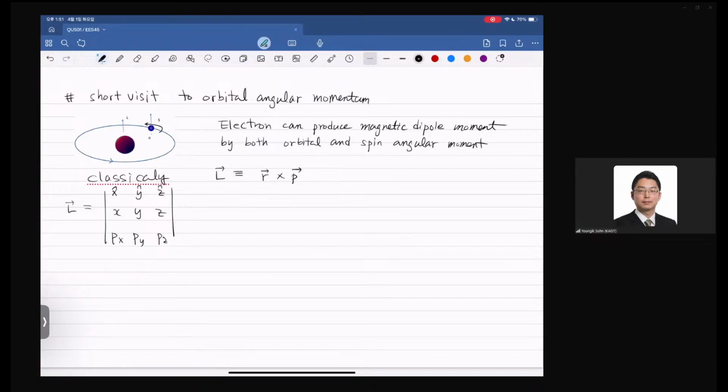And I'm working in classical physics, and we're just reviewing classical angular momentum. So looking at the left-hand side expression, you can calculate all of this. And then each component, you can call it Lx, Ly, Lz.